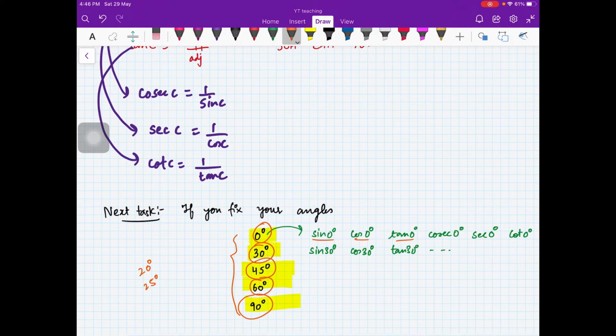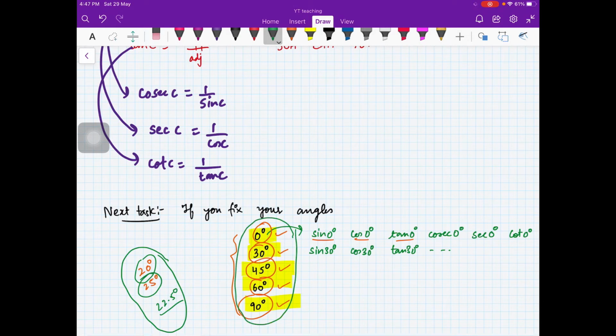So that is why we are fixing these angles: 0 degree, 30 degree, 45 degree, 60 degree, 90 degree. It's not that for other angles, say 20 degree or 25 degree or 22.5 degree, you cannot find out the trigonometric ratios. It is just that finding trigonometric ratios for those angles is hard, and we generally use tables or calculators, and finding trigonometric ratios for these angles is easier. Otherwise you can find trigonometric ratios for any angle.